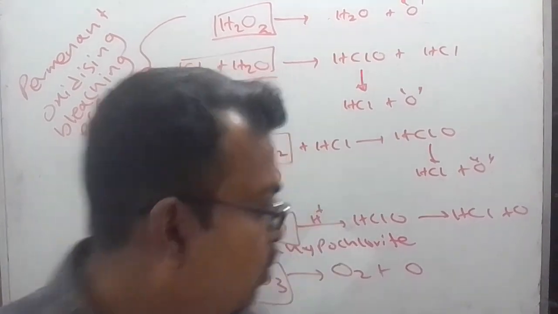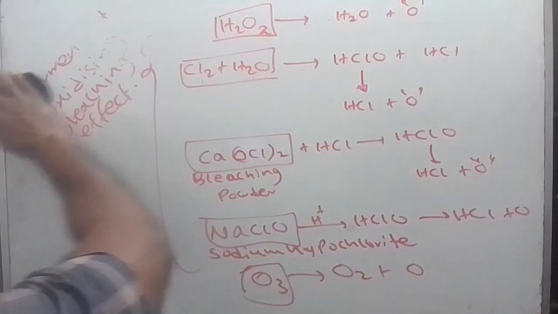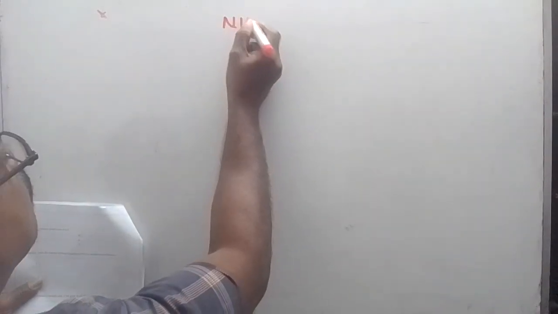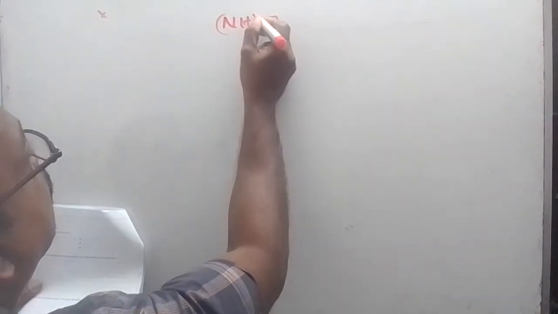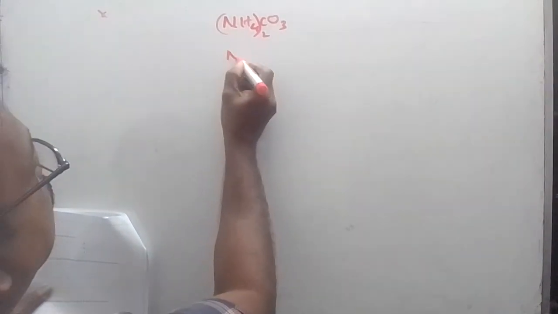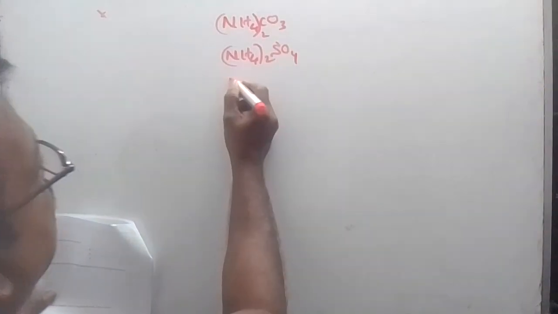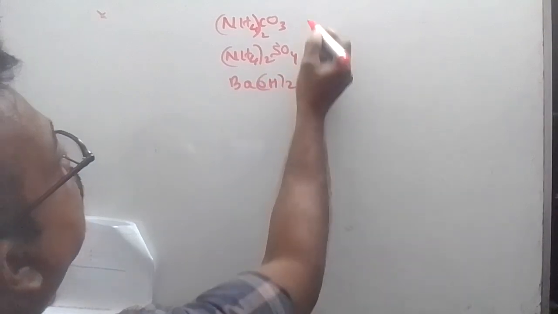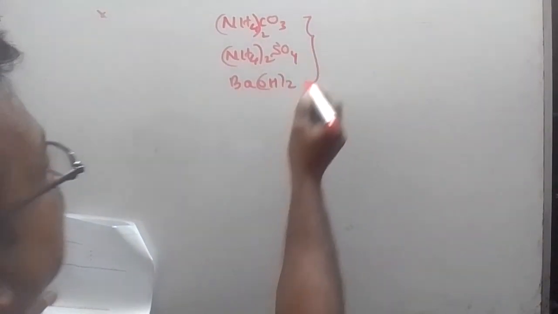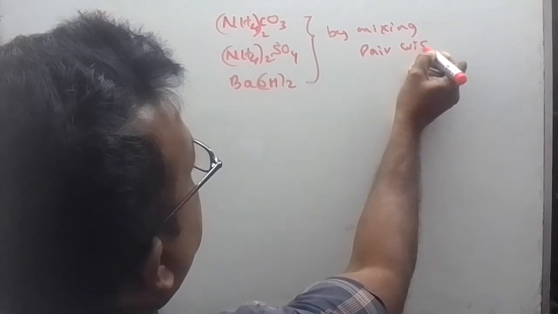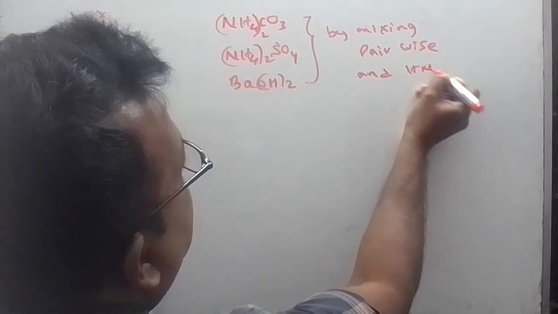Now we are going to identify ammonium carbonate, ammonium sulfate and barium hydroxide by mixing pairwise and also by using nitric acid.